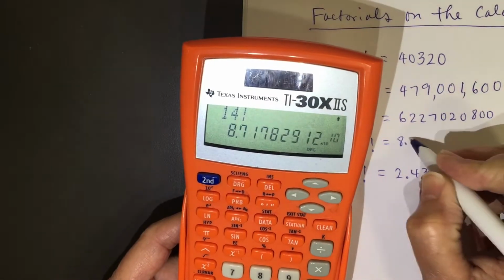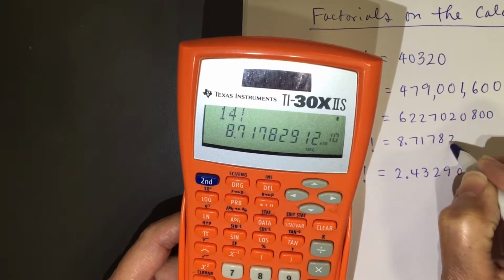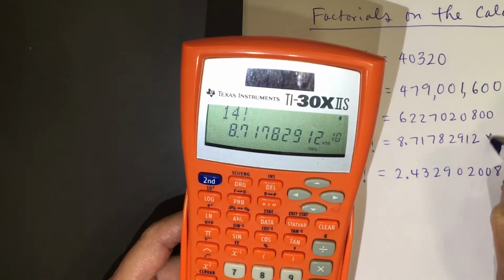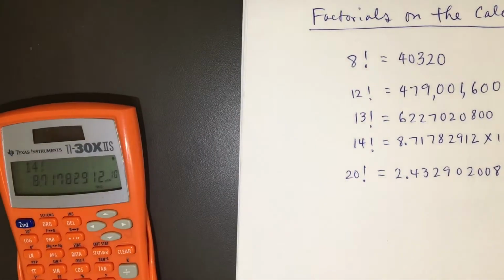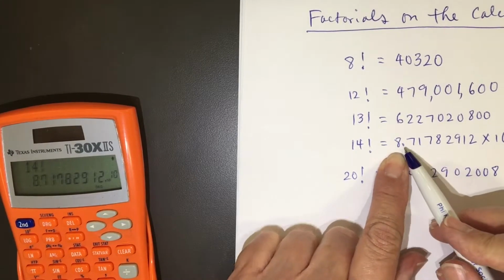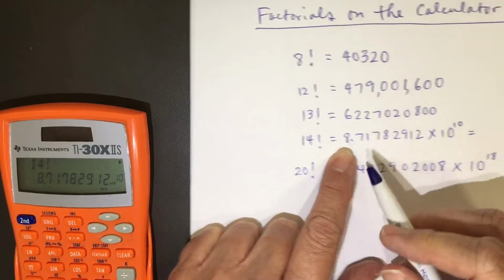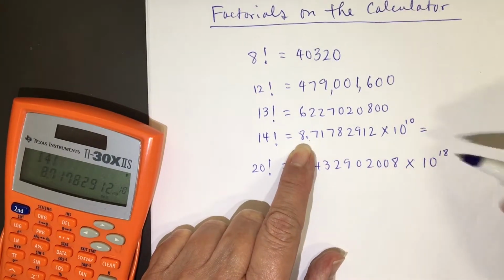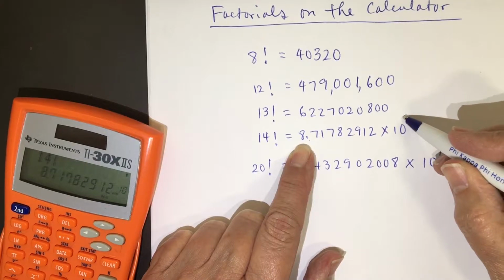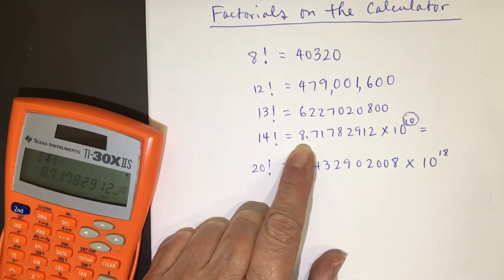I have 8.7178291 times 10 to the 10th power. I'm going to write it in standard form, the 14 factorial. So my decimal point has to move 10 places to the right. What tells me the 10 places is the exponent of 10.